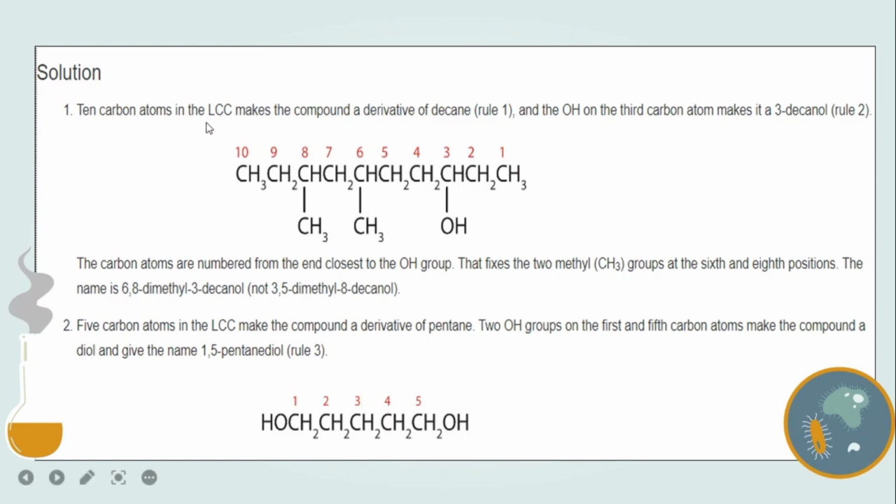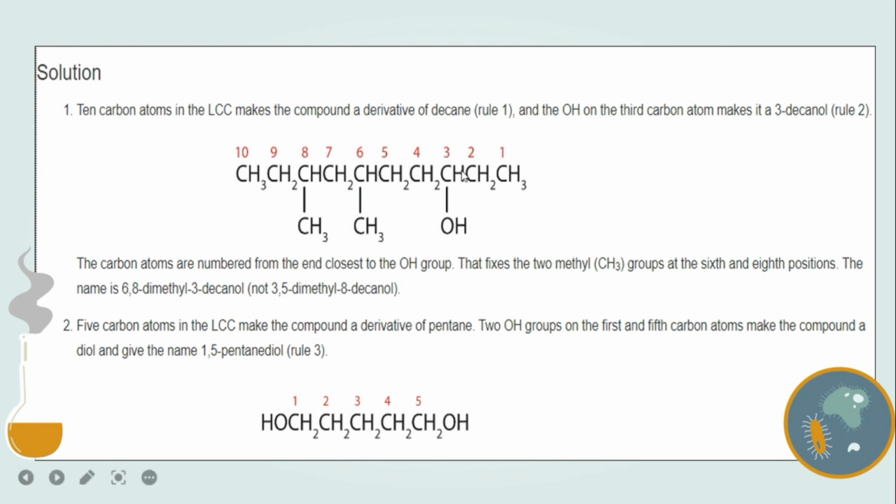From the given, we have 10 carbon atoms in the longest continuous chain, or LCC, and the LCC makes the compound a derivative of decane. Decane, since it has 10 carbon atoms, and in mathematics the decagon has 10 sides, right? And then the OH, where can we find the OH? The OH is located at the third carbon.